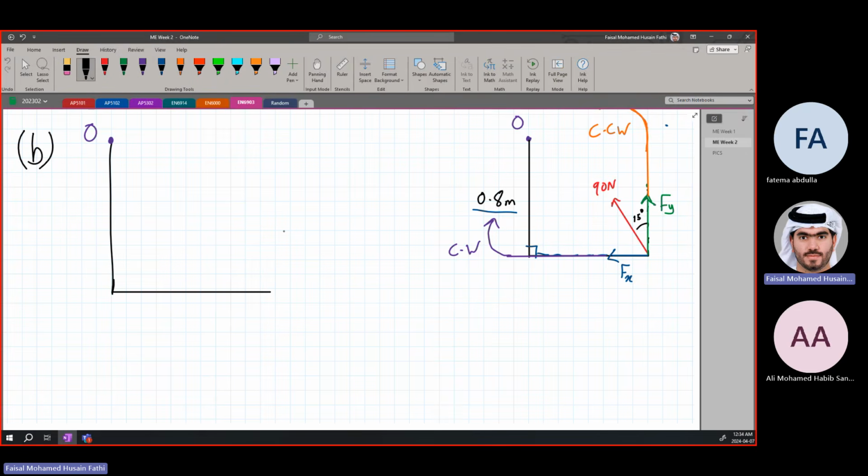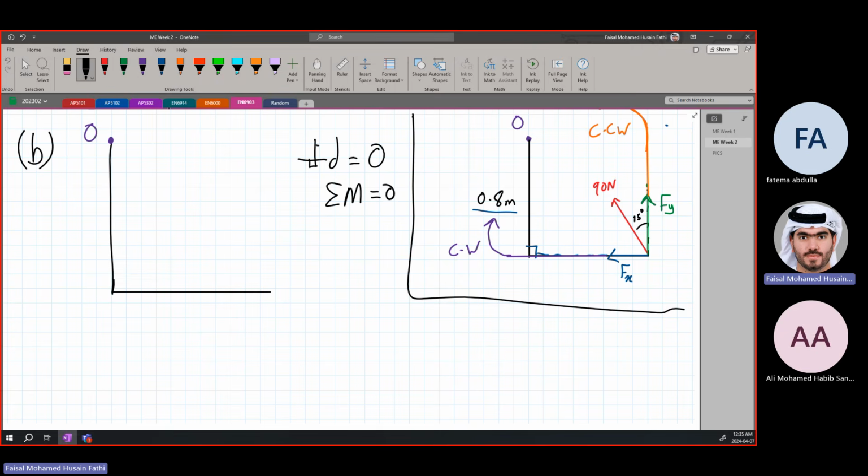The perpendicular distance has to be equal to 0 to get a moment of 0. Right? The force has to have a perpendicular distance of 0. So how is that going to happen? When the force is in the direction of point O exactly, because then we won't have any perpendicular distance at all.